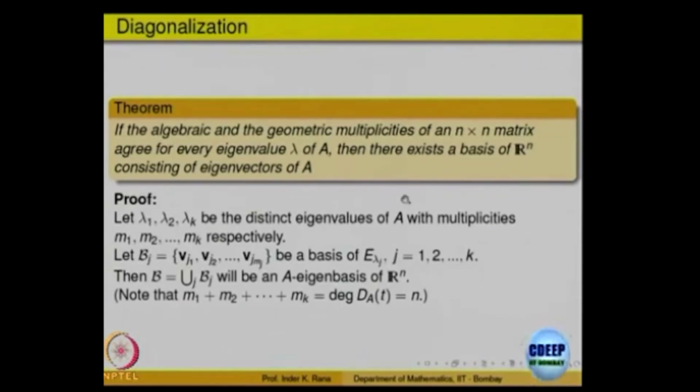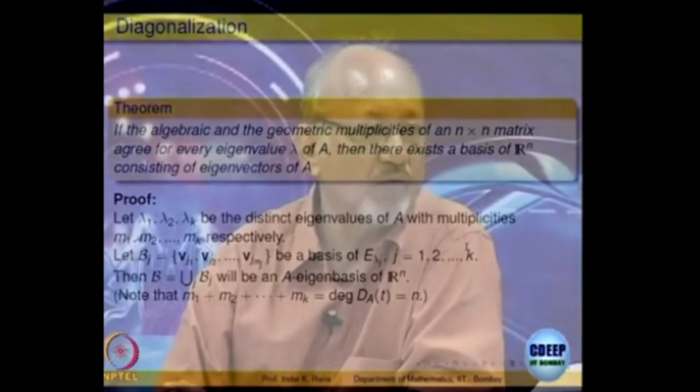So there is nothing complicated in this theorem. Basically, that is how you will analyze whether a matrix is diagonalizable or not. Given a matrix, to show it is diagonalizable or not, we have to find what the eigenvalues are. Once you have found the eigenvalues, find the corresponding eigenvectors, and find the dimension of the corresponding eigenspace, that is the same as the null space of A minus lambda I, right?